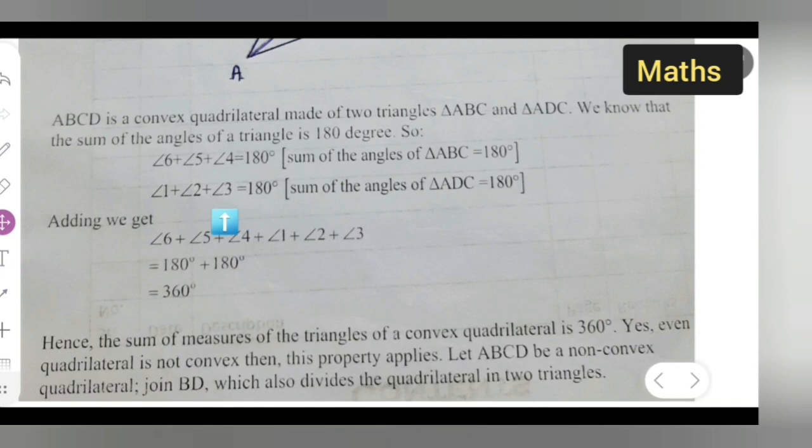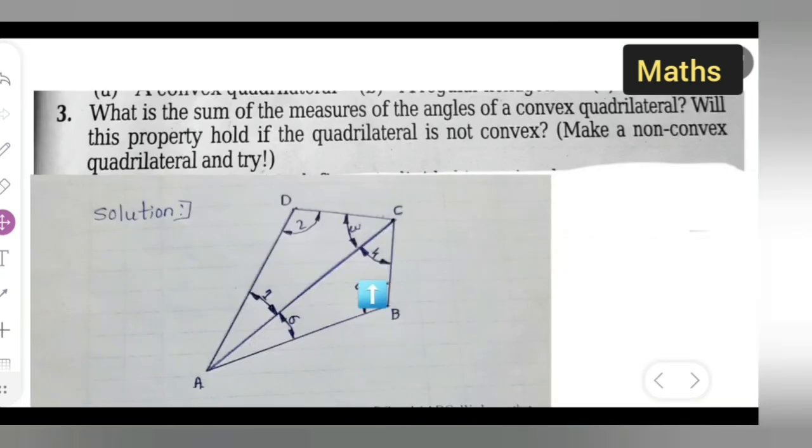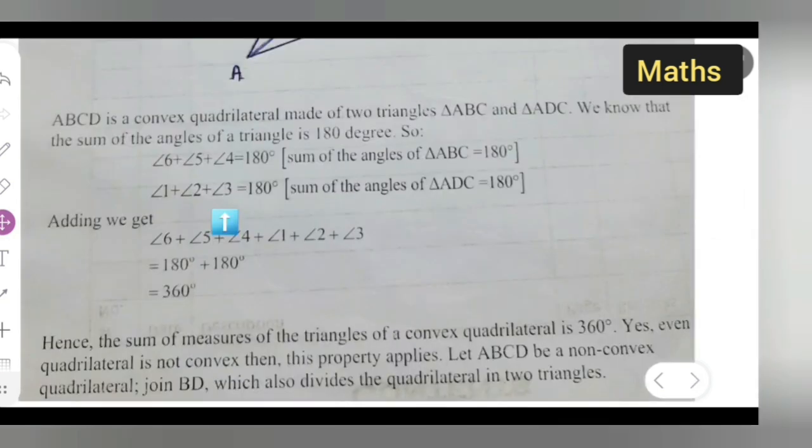The next thing I am going to do is, for the second triangle you will have to add angle 1 plus angle 2 plus angle 3. That will be equal to 180. Sum of angles of triangle ADC is equal to 180 degrees. So we have to add all these. Adding, we get angle 6 plus angle 5 plus angle 4 plus angle 1, 2, 3.